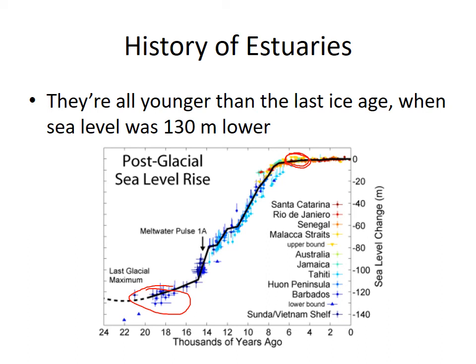So the coastlines and estuarine shapes that we know today, like Chesapeake Bay and the Outer Banks and all those kind of things, would have been unrecognizable more than 5,000 years ago or so. But sea level rise has been slow for the last 5,000 years, and so that's why the estuaries have sort of been relatively stable for that time, although they are still changing.